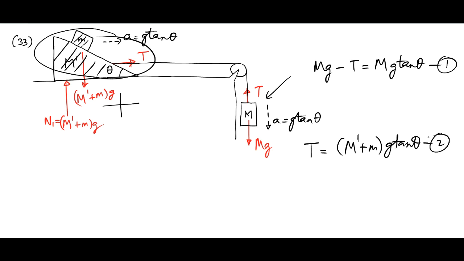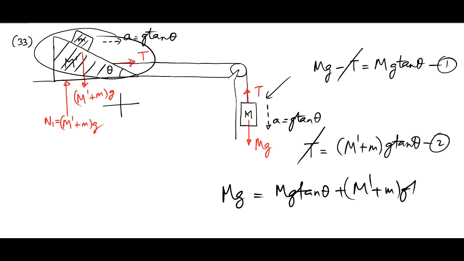So very simply you can just add them. When I add them, this minus T and this T get cancelled, and I get mg equals mg tan theta plus M dash plus M times g tan theta, and you collect together the M terms on the left hand side.